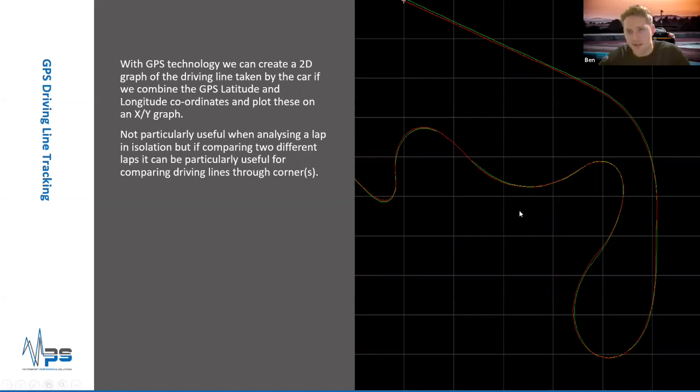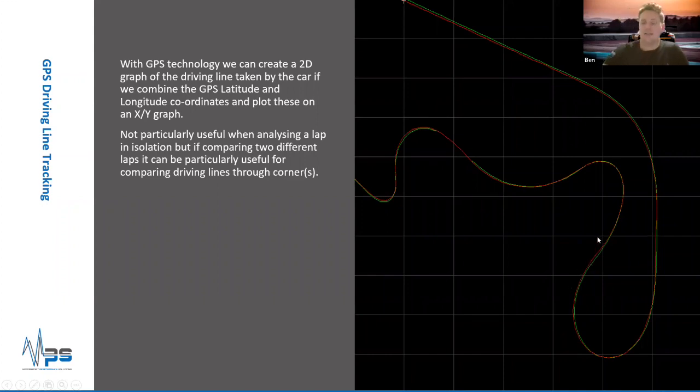So we're looking at the end of after Signes at Paul Ricard here. We've got a long sweeping fast right-hander into a left-hander. We can see that the red driver has taken a slightly wider line through the double right-hander in comparison to the green driver.